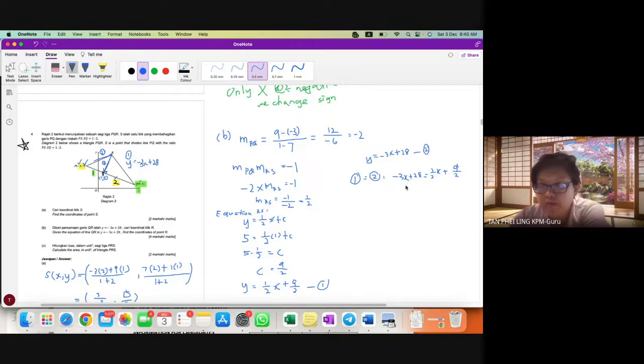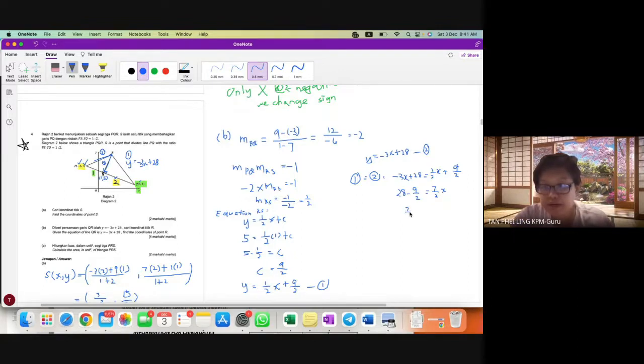So with that, move all the x together. Minus 3 becomes plus 3. I move everything here, easier. Half plus 3 becomes 3.5, or 7 over 2 x. Then here becomes 28 minus 9 over 2. Press calculator: 28 minus 9 over 2 is 47 over 2.